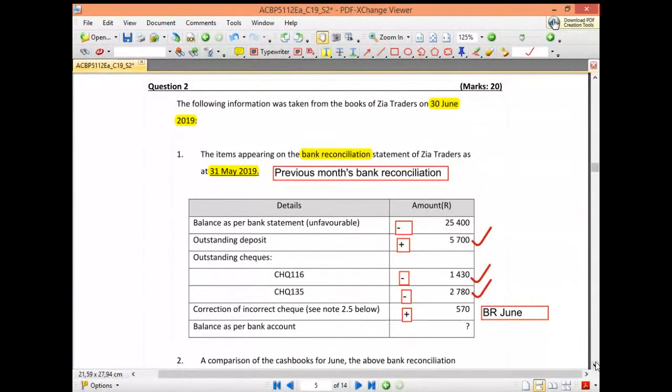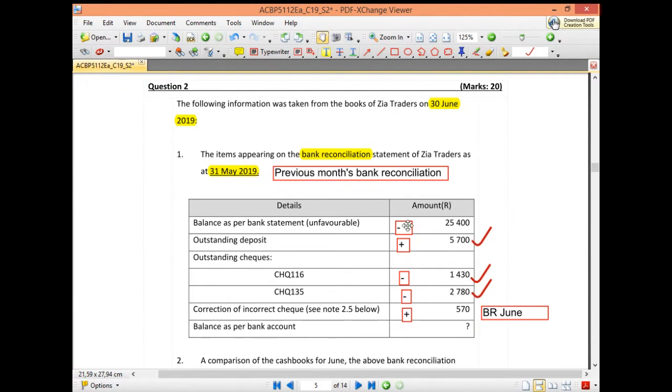You will see they have given you a question mark, but they have given you all the other information. How a reconciliation works is we reconcile the bank statement balance to the bank account balance by showing the adjustments. But what they've done now is they have not indicated whether it's a positive or a negative in the scenario.